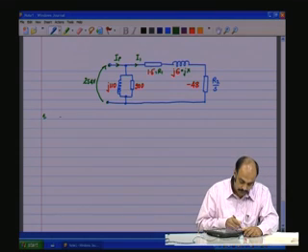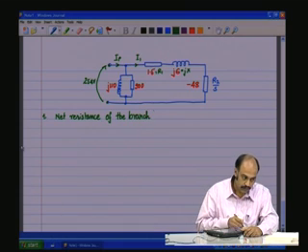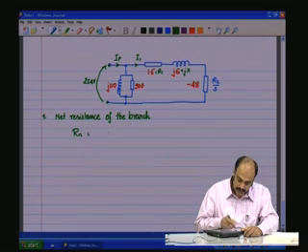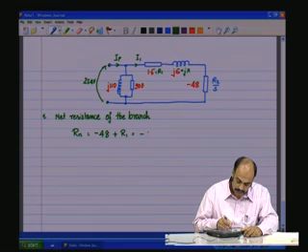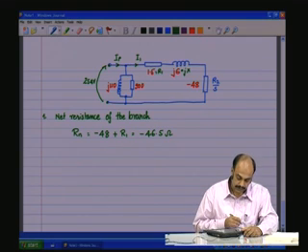So we have first the net resistance of the branch, and that is, let's say Rn is given by minus 48 plus R1, which is equal to minus 46.5 ohms. Okay, that is this and this added up.